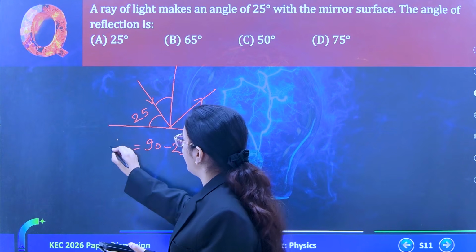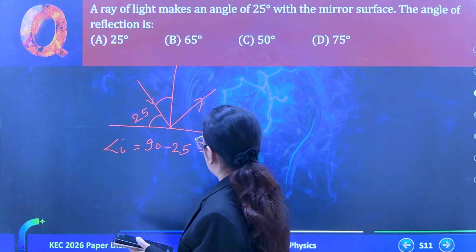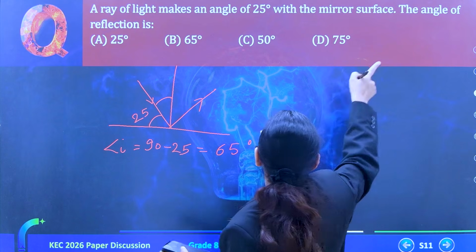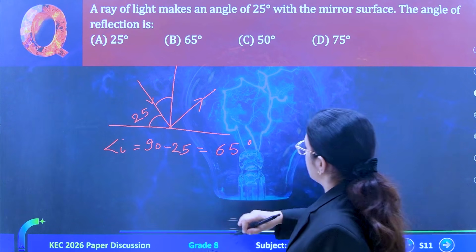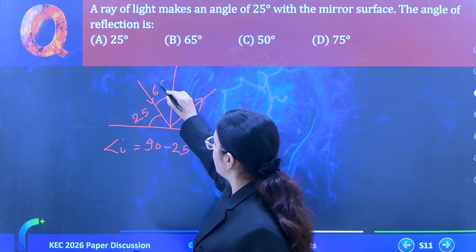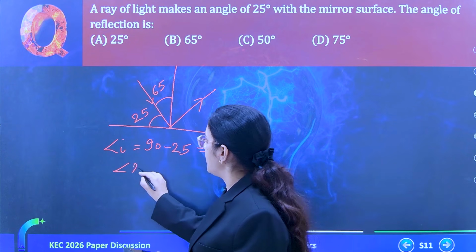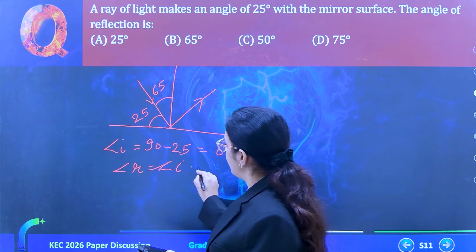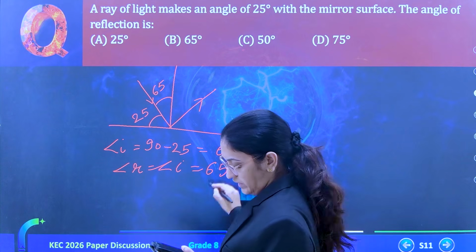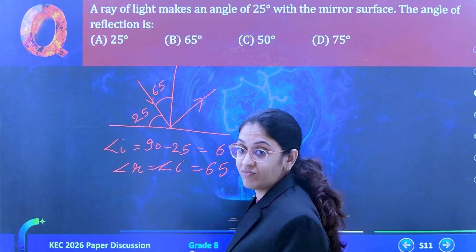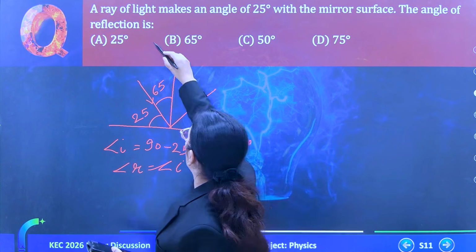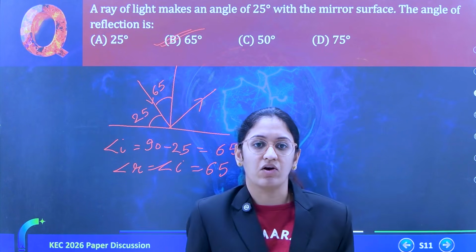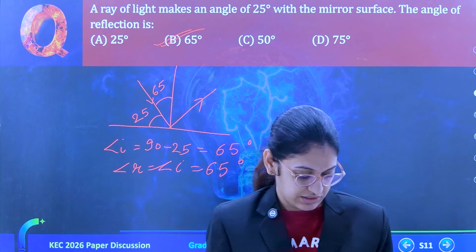This will be your angle I. This is 65 degrees. It is asking for the angle of reflection. So the angle of incidence is 65. What will be your angle R? Equal to angle I. That is also 65 degrees. So option B is your correct answer.